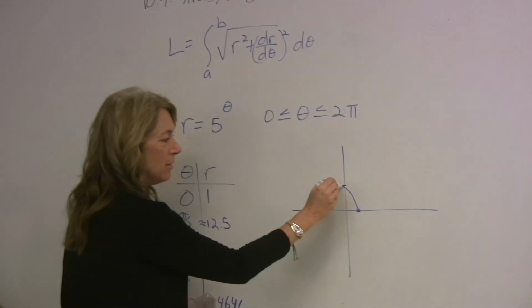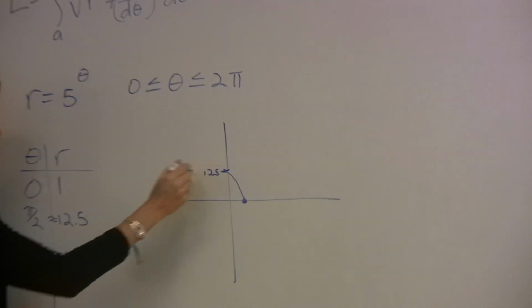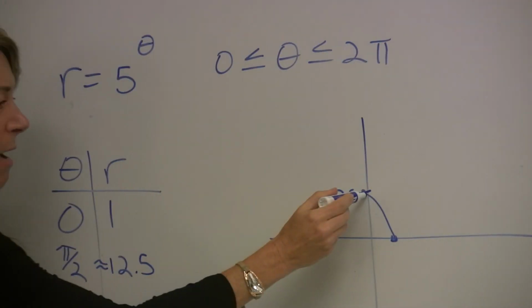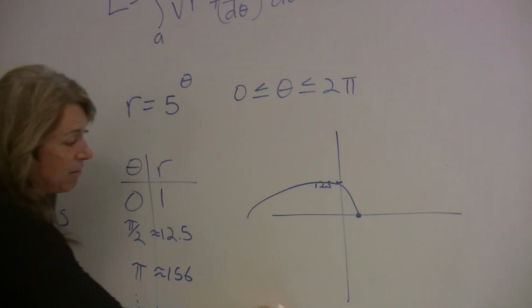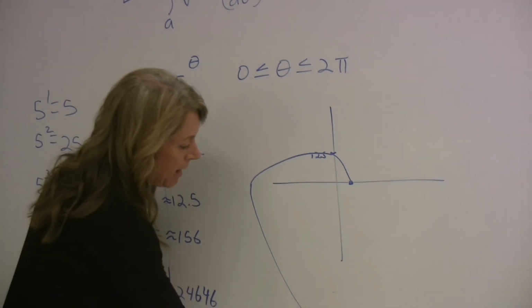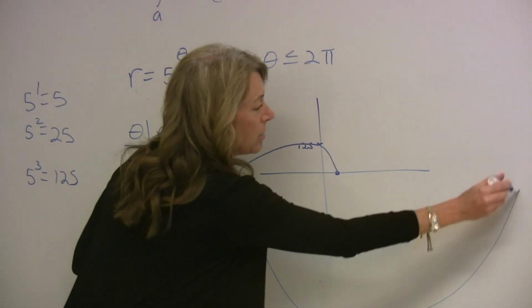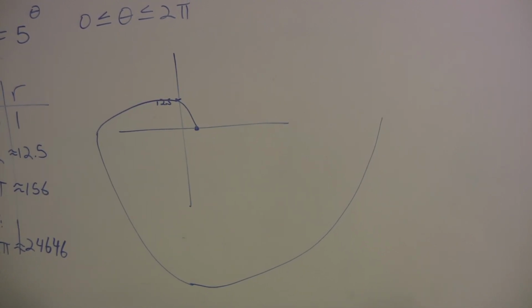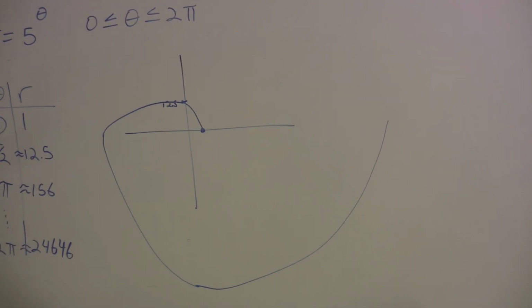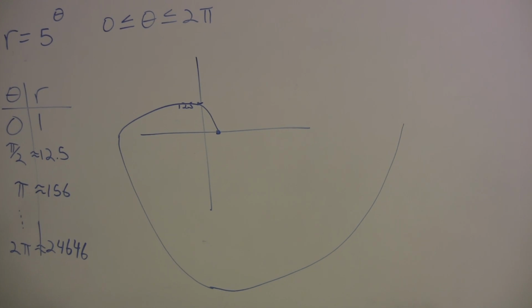By the time I get to pi, I'm all the way out here at 156. By the time I get over here, I'm out to 24,000. My scale's way off. It's actually a spiral, you're right. It just keeps spiraling out, and you keep rotating around, getting further and further away.